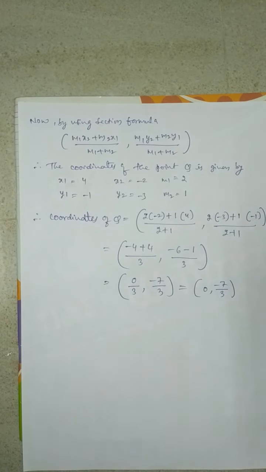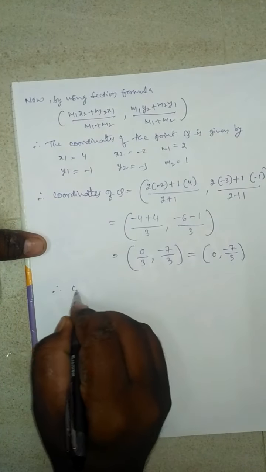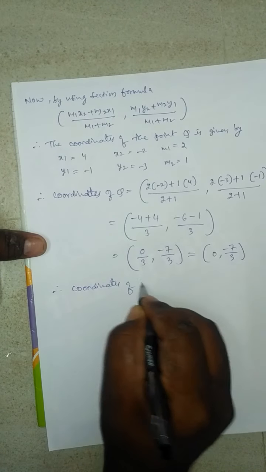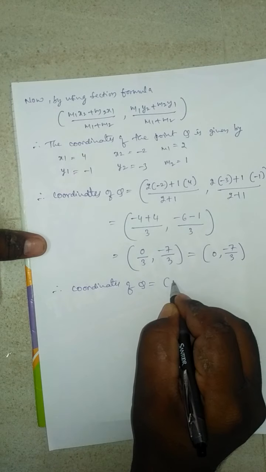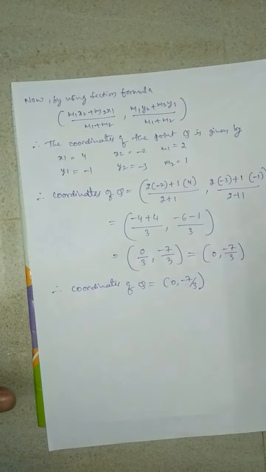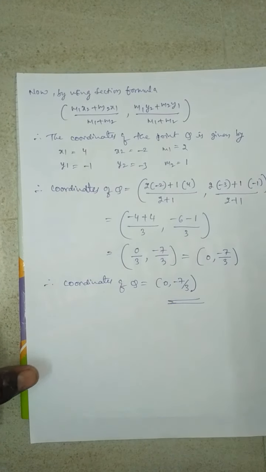Therefore the coordinates of Q are equal to 0 comma minus 7 by 3. This is our required solution.